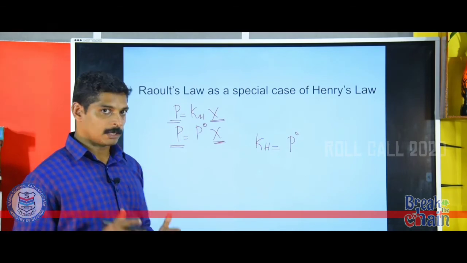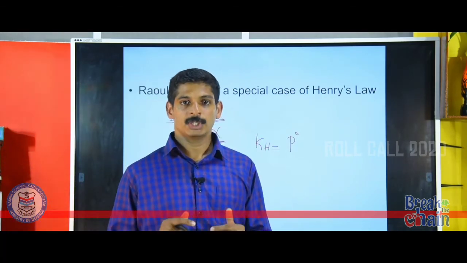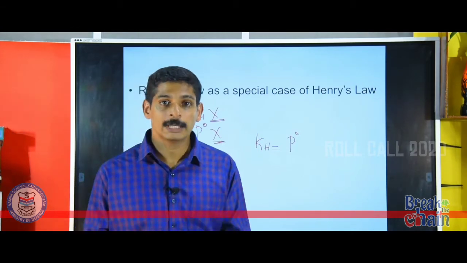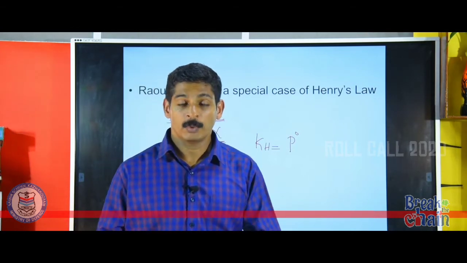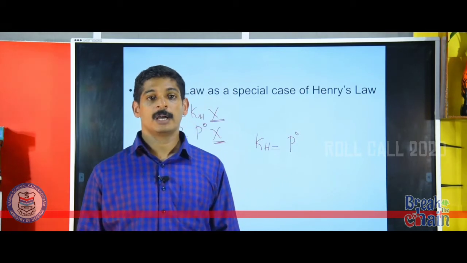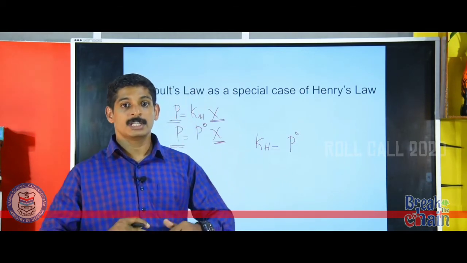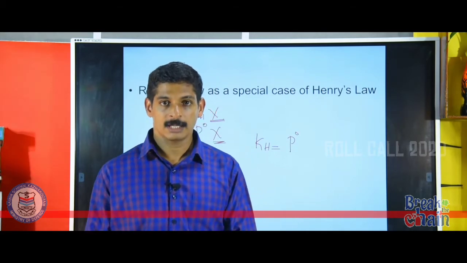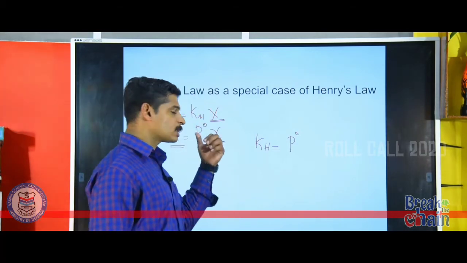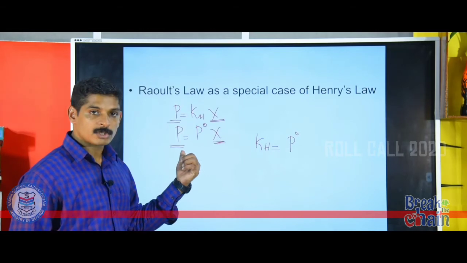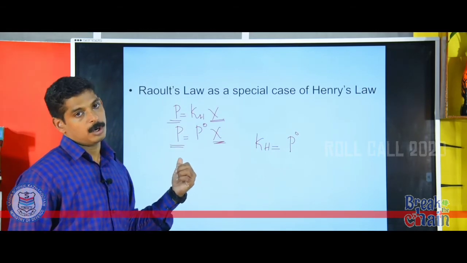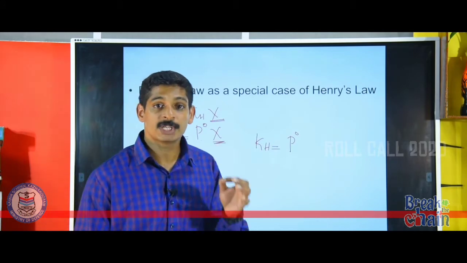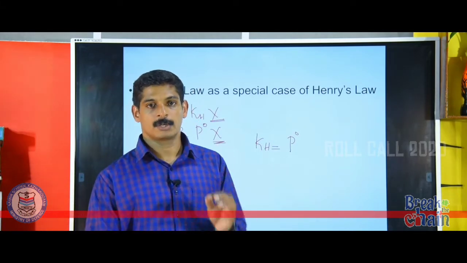Or you can treat it like this: imagine you have a liquid with very high volatility, in the sense that it is behaving almost like a gas. In that case, both laws become the same, or simply we can say Raoult's law is only a special case of Henry's law.